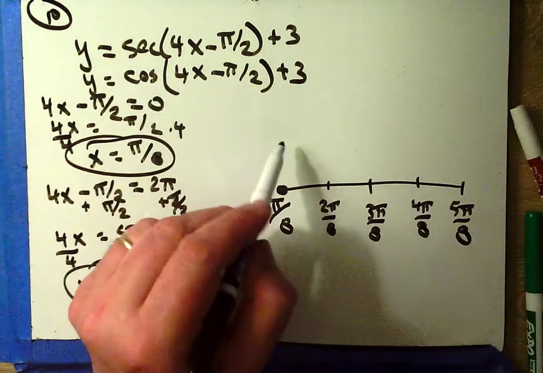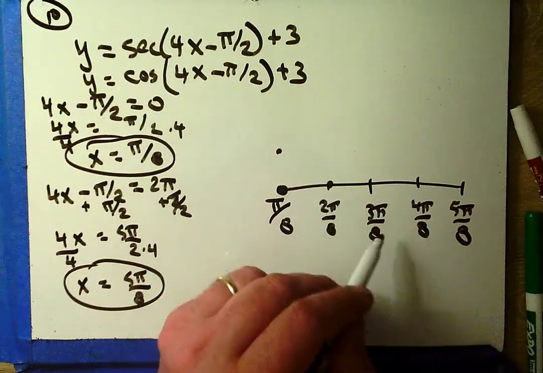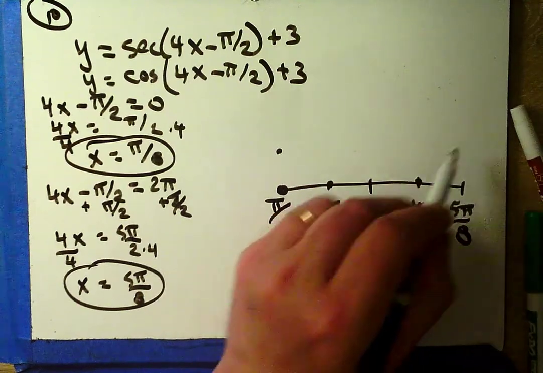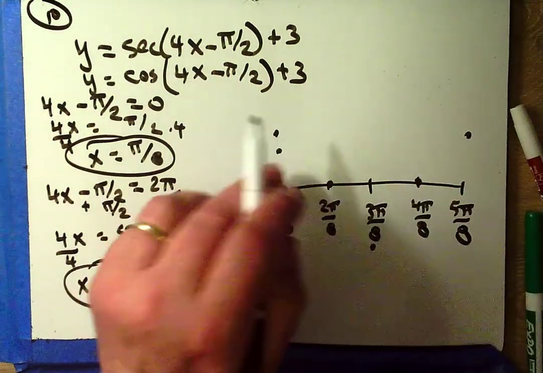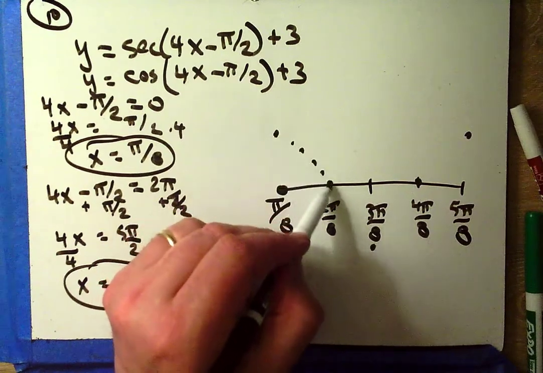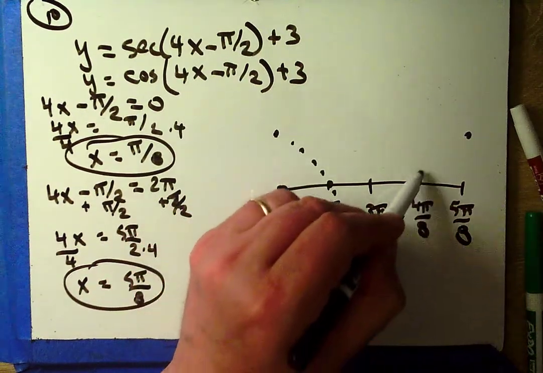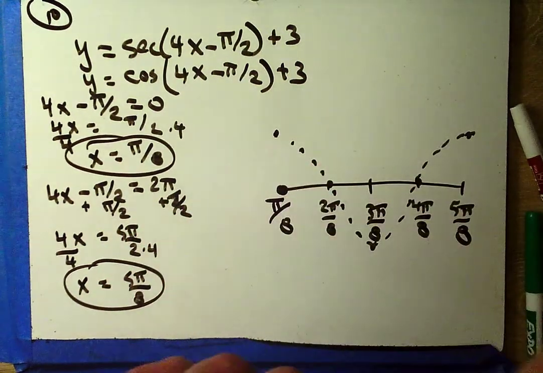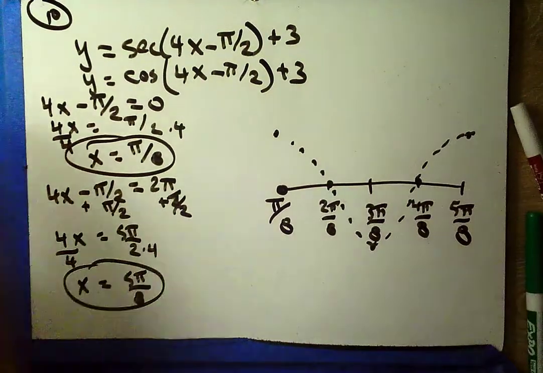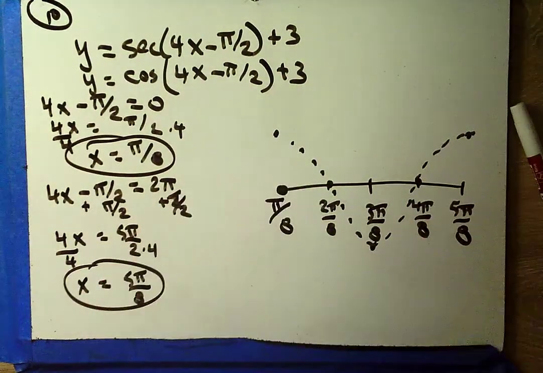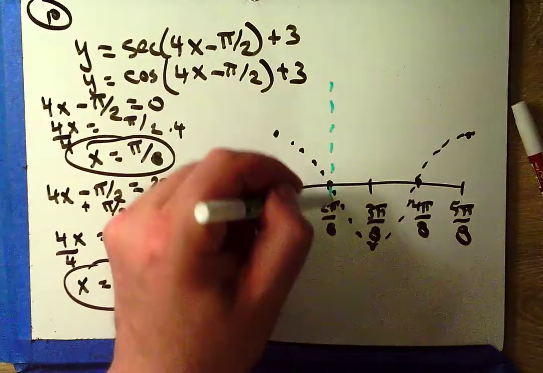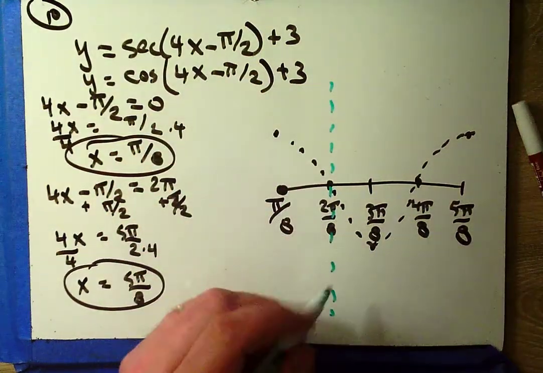I'm thinking about cosines, so I'm starting high, going to the midline, going low, and then back up again. But remember, we're graphing secant, and wherever cosine crosses that sinusoidal axis, I need to draw an asymptote.